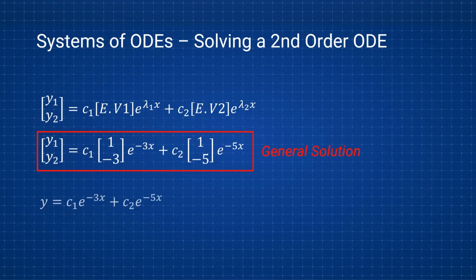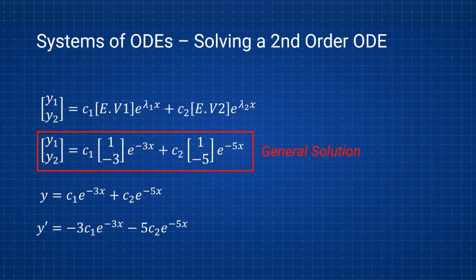You can see here that y will be equal to C1 e to the -3x plus C2 e to the -5x, just the numbers on the top, the first set of the vectors. And then y2, which is equal to y prime, will be its derivative. If we just multiply across, what you get is exactly that derivative. So once again, this is a problem in which we broke up a second order into two first orders.